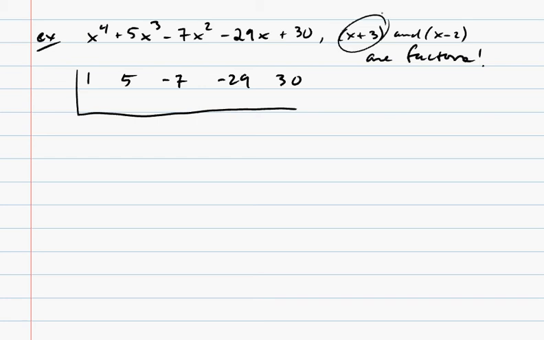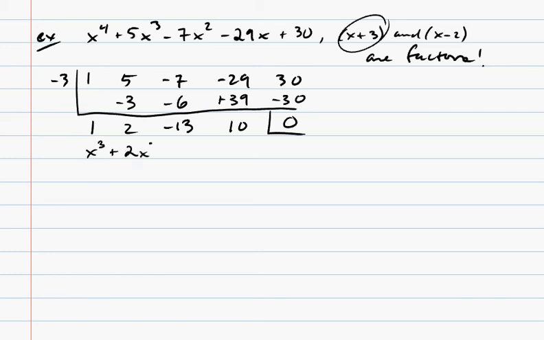I'm going to start with x plus 3, which means I'll put a minus 3 here. Oops, that is a positive 39. So that would be 10, that would be negative 30. That comes out evenly.